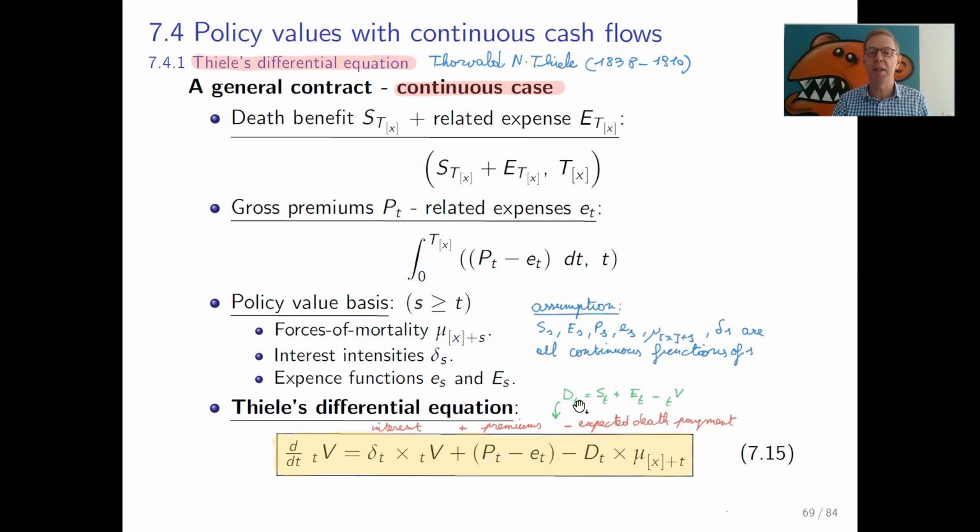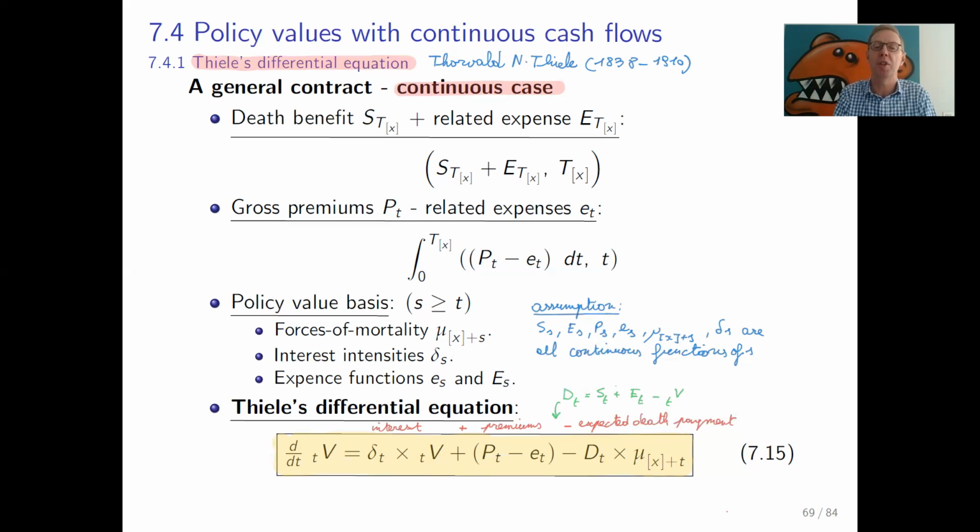The factor here is the amount at risk, which is S t plus e t minus V t. This is the extra amount that we need for all the people who are going to die. Because if we forget the term with the mu dt, this is a policy value V t that will be available for everybody, surviving or not.